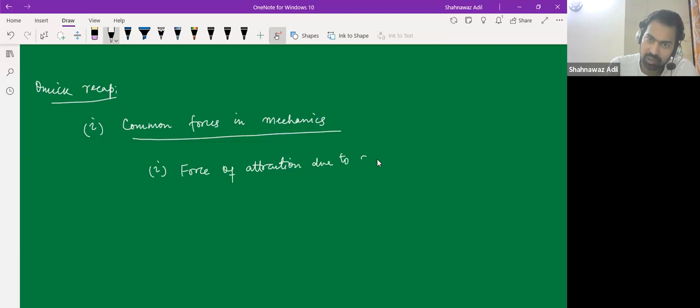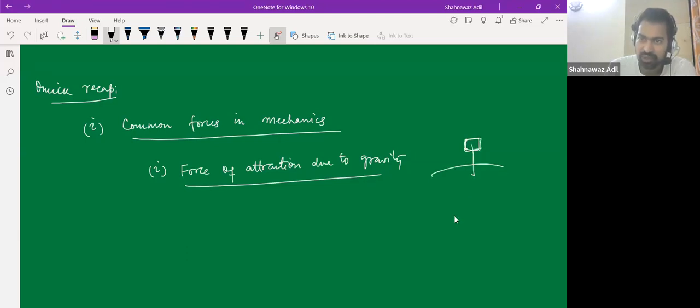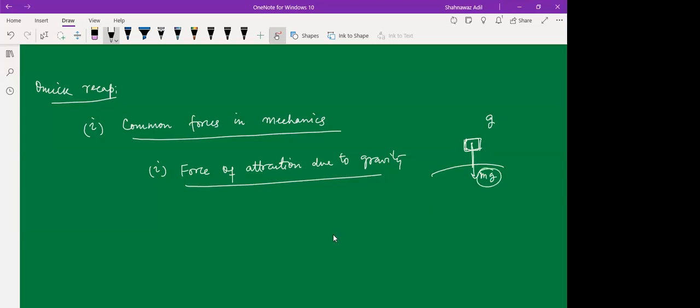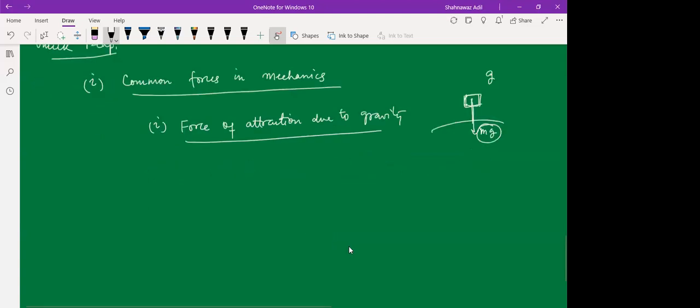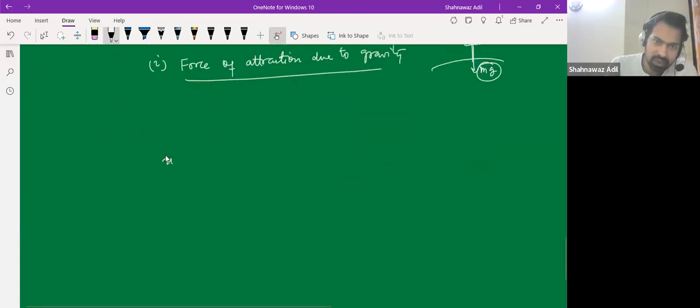Whenever some mass is there, it will be attracted by the Earth, toward the center of the Earth, with acceleration equal to g, and the force would be mg, right? Yes, sir.